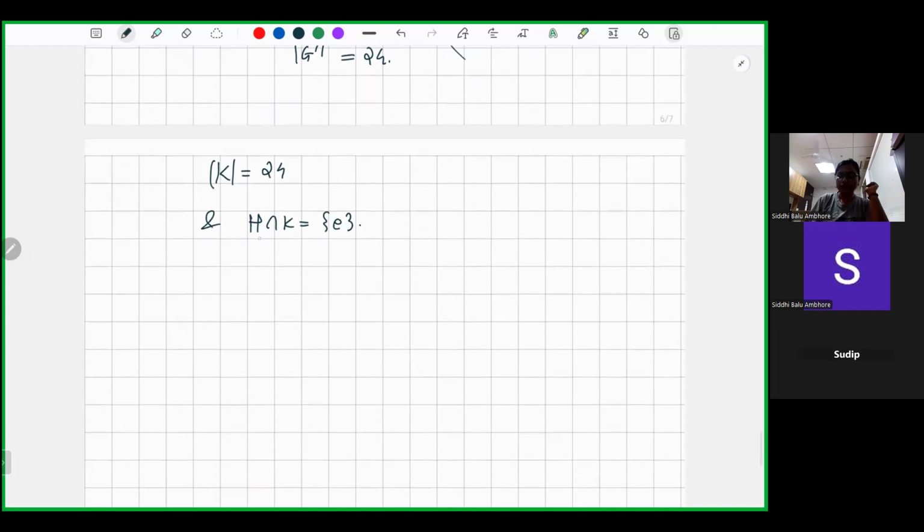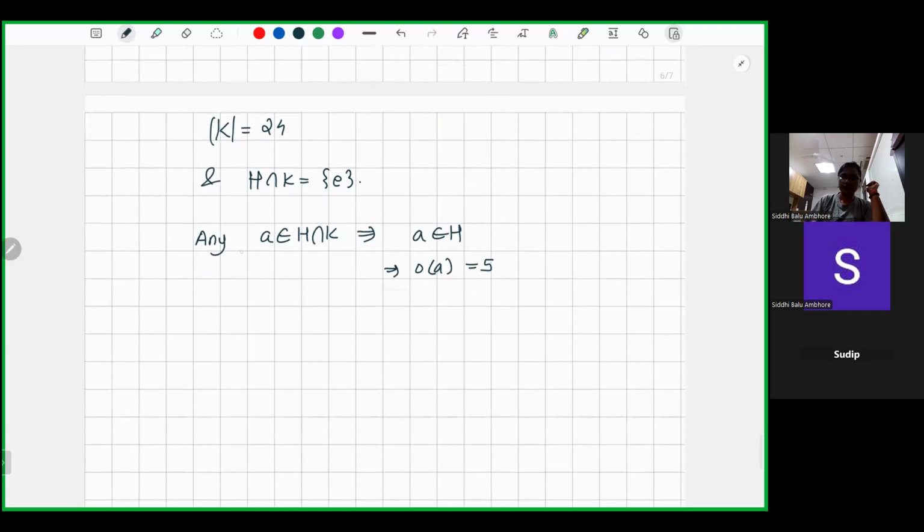Please understand this, because if they have some A belonging to H intersection K, then A belongs to H, so the order of A will be 5, if I choose some non-trivial element.